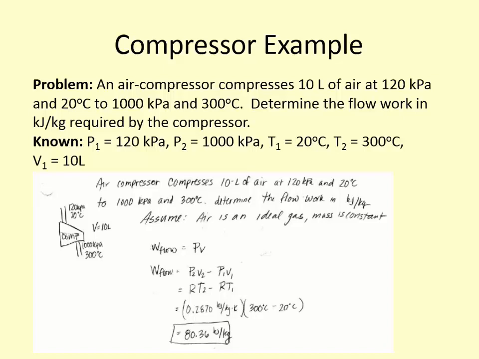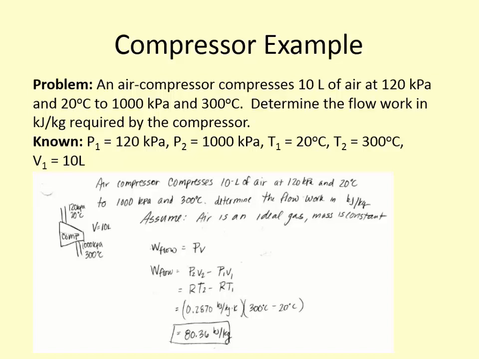Okay, so R is 0.2870 kilopascal times meters cubed, or kilojoules per kilogram Kelvin. It's the same thing. In this case, I'm multiplying by temperature, so I don't want kilopascal in there. And then just the change in temperature.